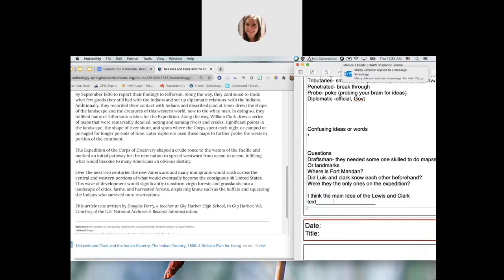And it should be a little bit in different words. You shouldn't copy the other person's chat. You should have it typed in your journal. So I would write it down and then copy it.